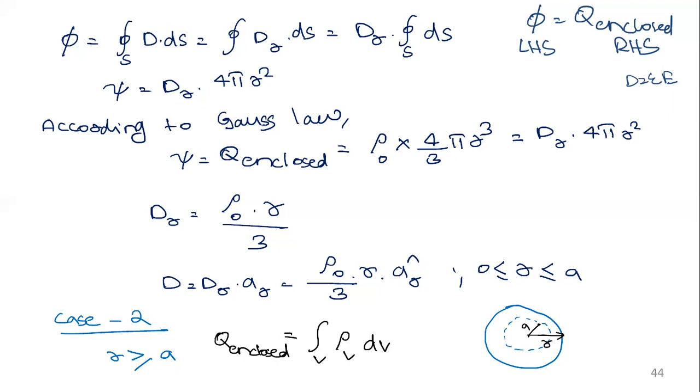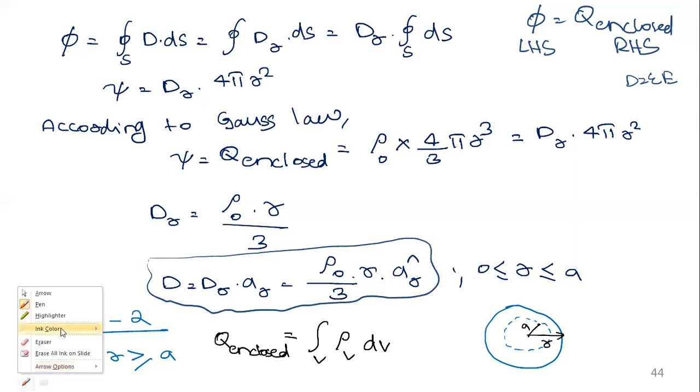Then according to Gauss law, flux phi is equal to Q enclosed, that is rho 0 into 4 by 3 pi r cube is equal to Dr into 4 pi r square. So Dr is equal to rho 0 into r by 3. And if you consider the direction also, then Dr is equal to rho 0 by 3 into r into ar.